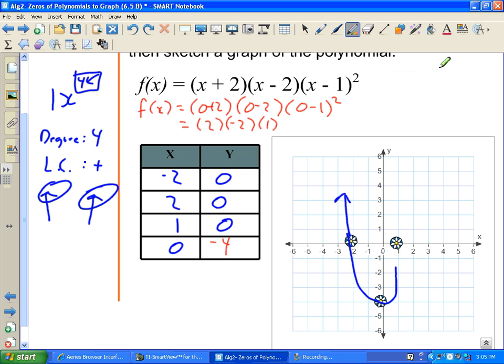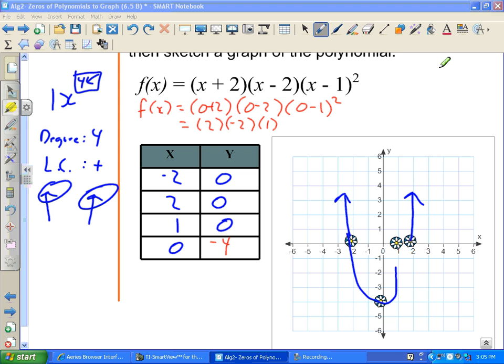And what was our other one? 1 and +2. Well, here's something special that happens. And I said that's going to come back into play. The double root.